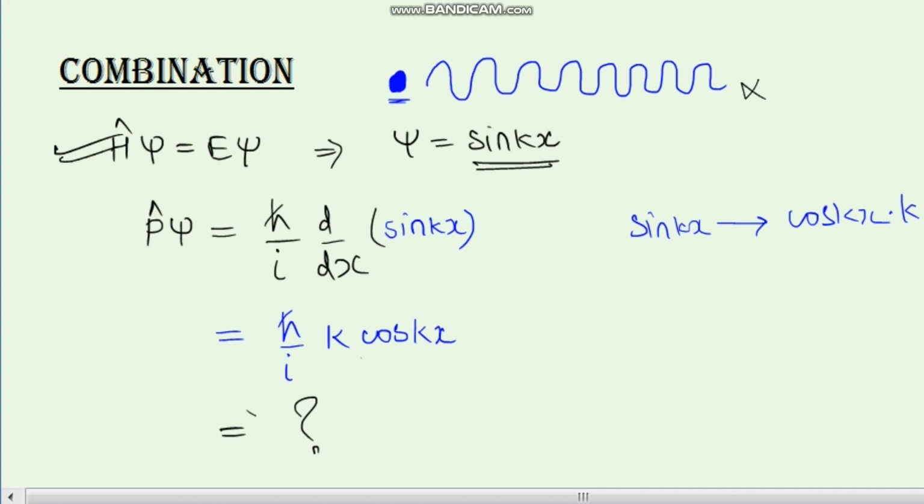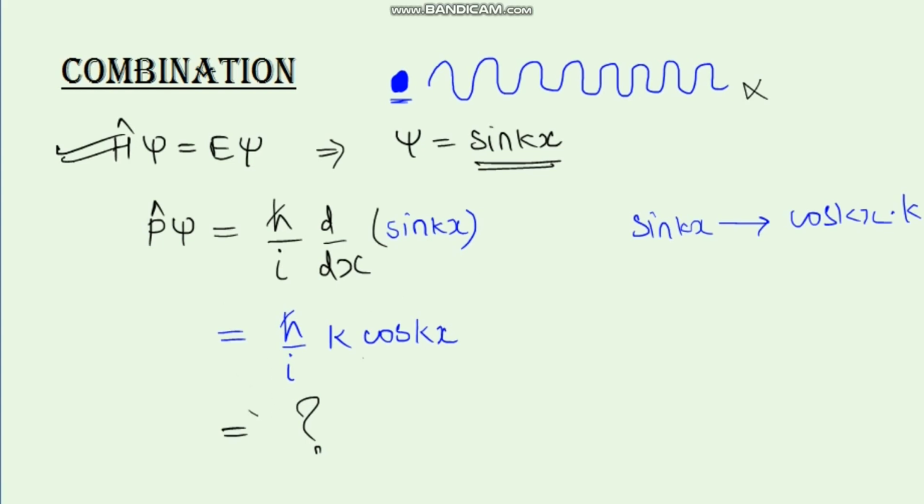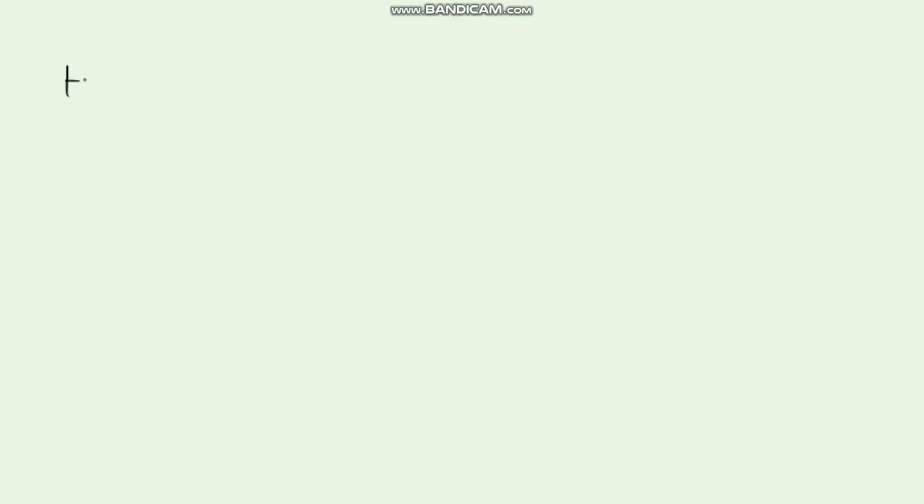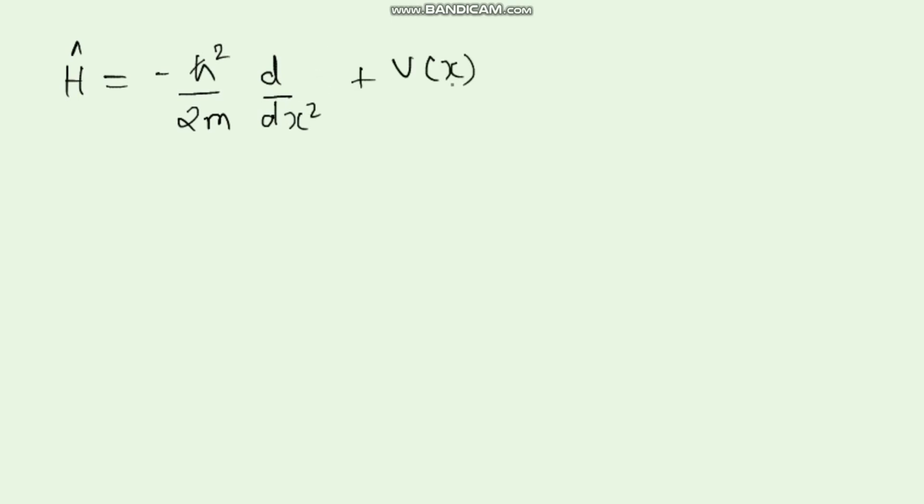Well, let's try that out. Let's see whether psi is a solution of this equation or not. h cap means minus h cross square by 2m, differentiating a second time. Here only one direction is considered, so we differentiate with x only, d2 by dx square, plus the potential energy, which here we take as v equal to half kx square.